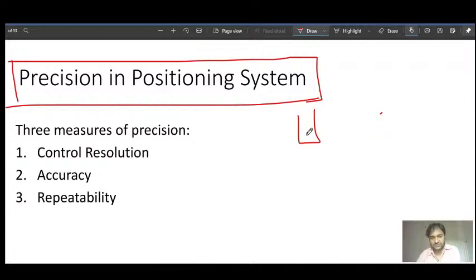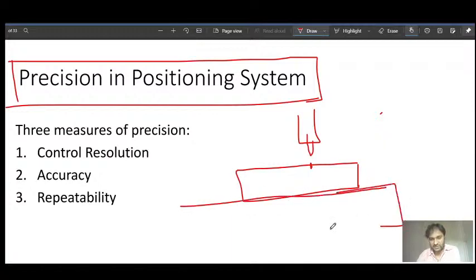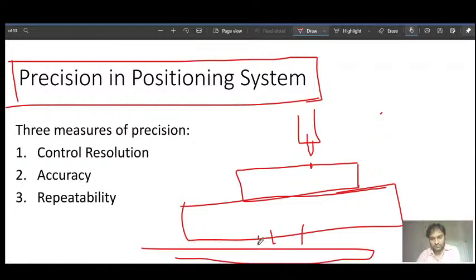If the tool is fixed here, so how, if the part is there, as the part is mounted on the table and then table is mounted on the lead screw, how to position the table in such a way that whatever we have desired, we can achieve it.